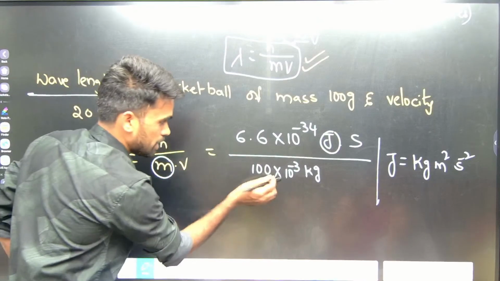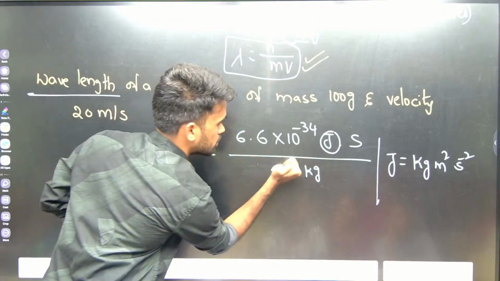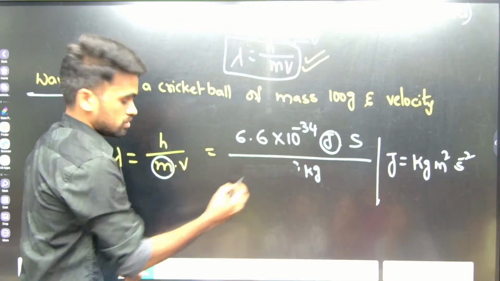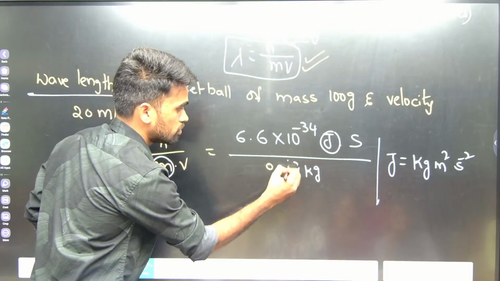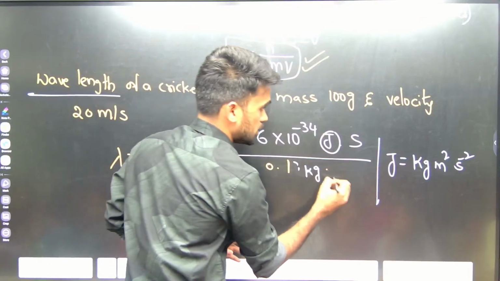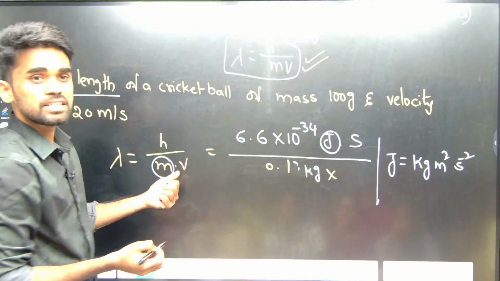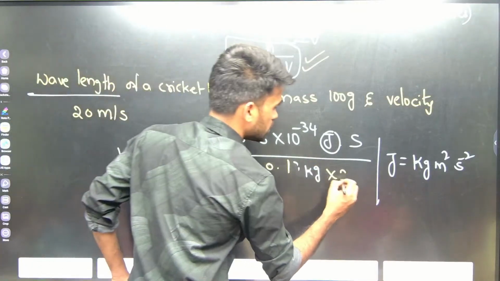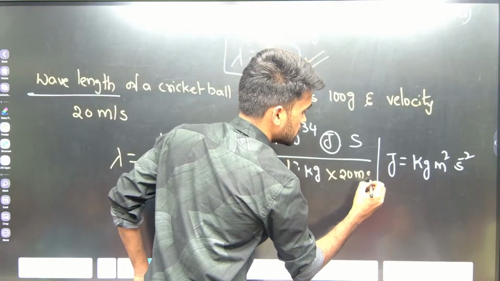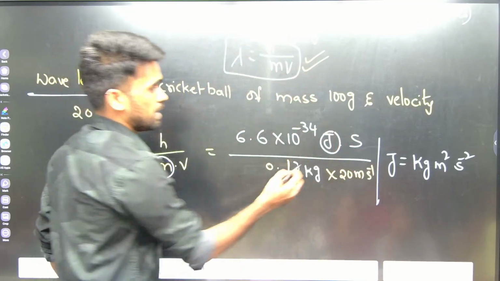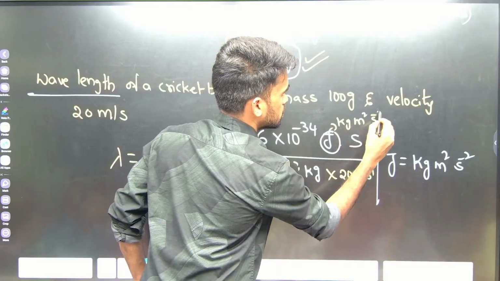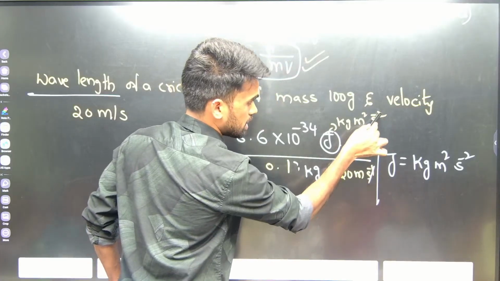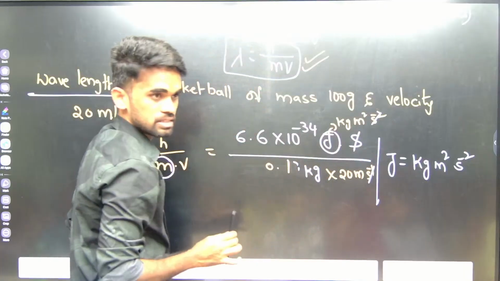Multiply these two numbers, what happens? 100 by 1000 is 0.1, that is what I am making here. Next, multiplied with velocity, 20 meter per second. In the place of joules, if I substitute those units, second inverse square, and these things cancel.